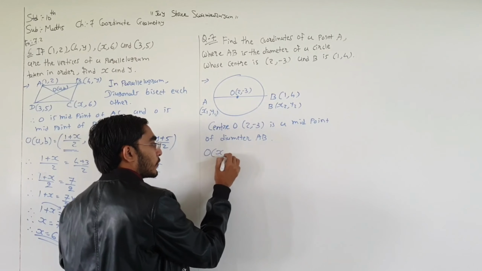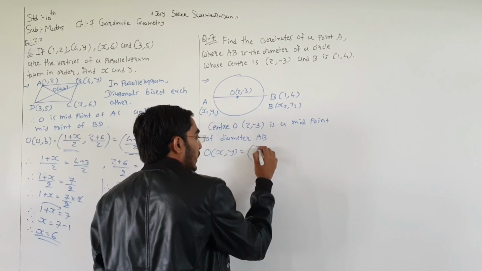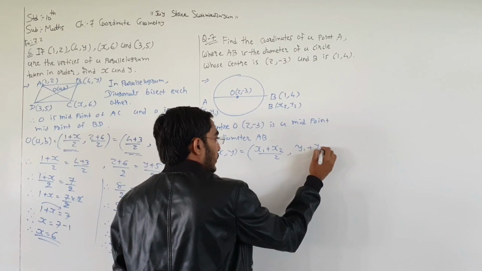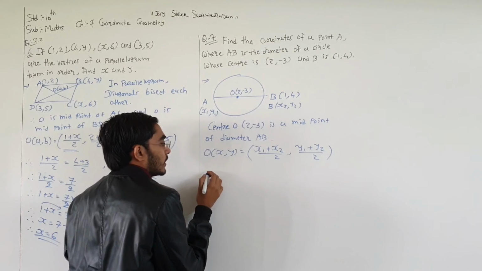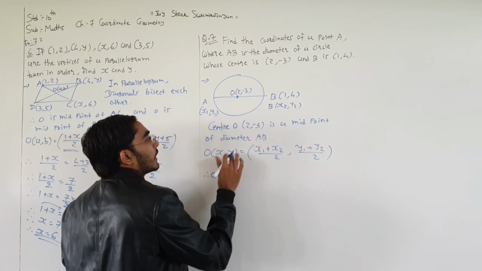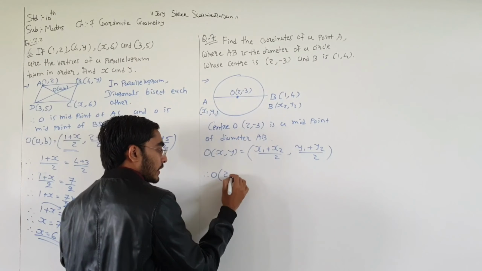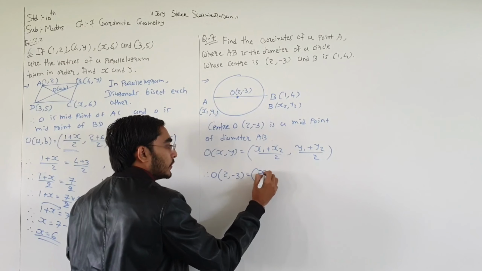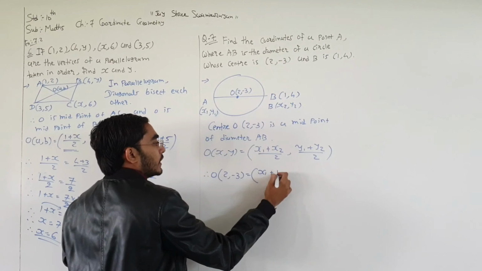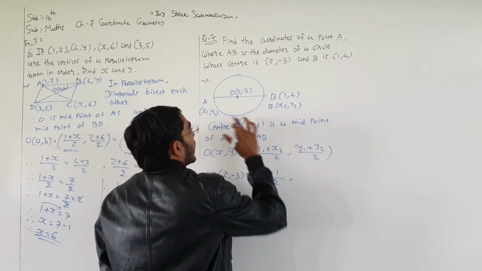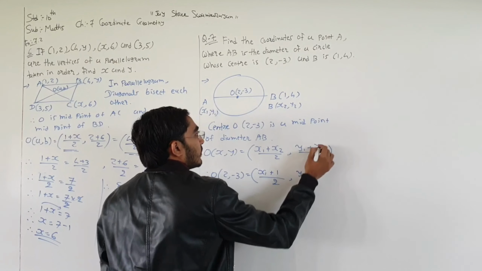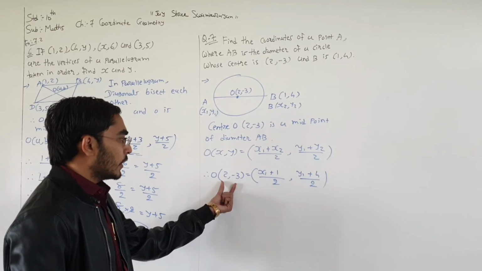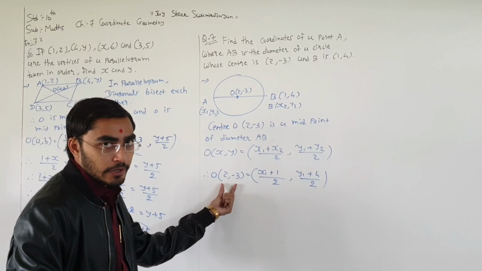O(x, y) is equal to, what is the midpoint formula? (x1 plus x2) by 2, (y1 plus y2) by 2. Now O(x, y) is given to us as 2 and minus 3. Now x1 we don't know, so as it is, x2 is 1, divided by 2. y1 we don't know, so as it is, y2 is 4, divided by 2.